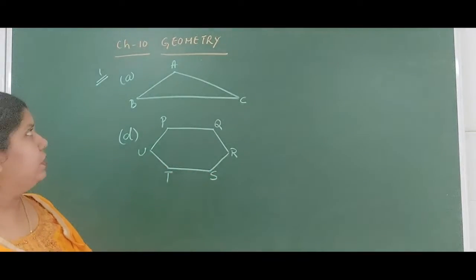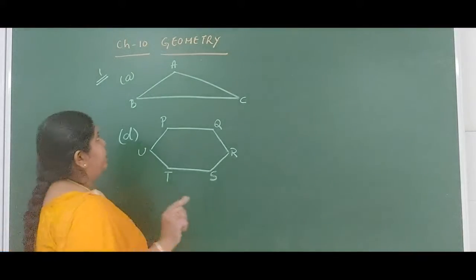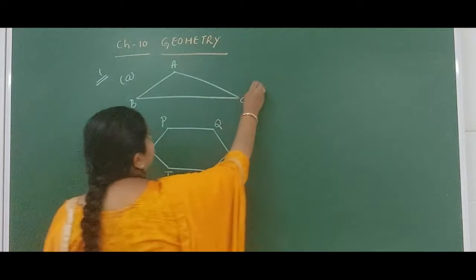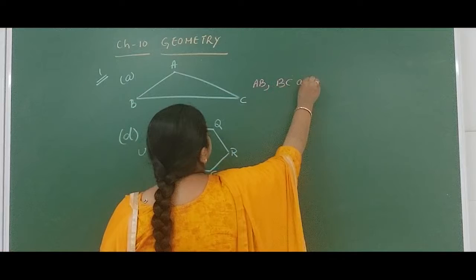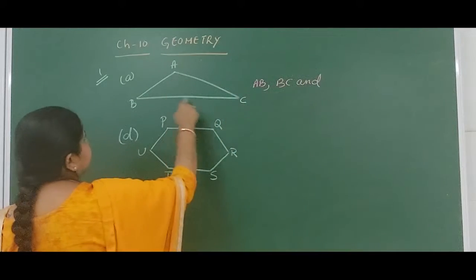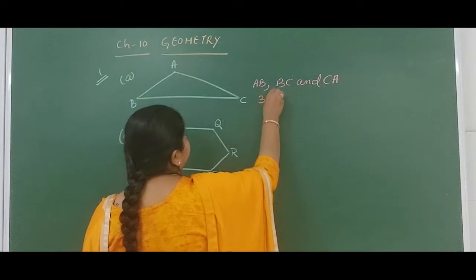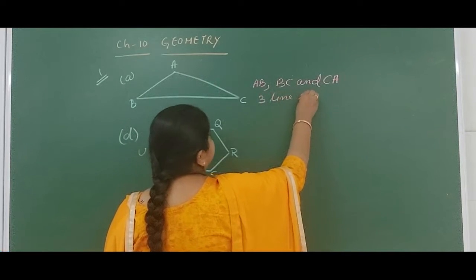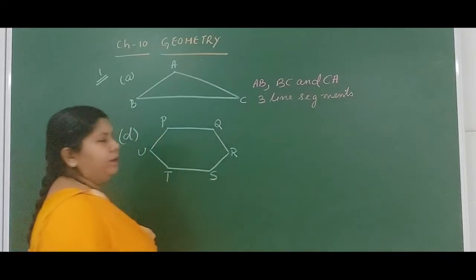You see this is a triangle. It is made up of three line segments, AB, BC and CA. So three line segments are used for this particular shape.